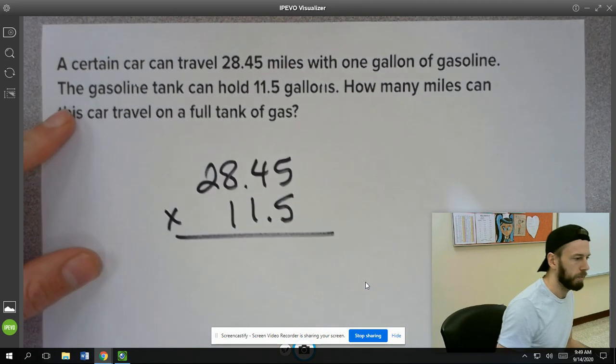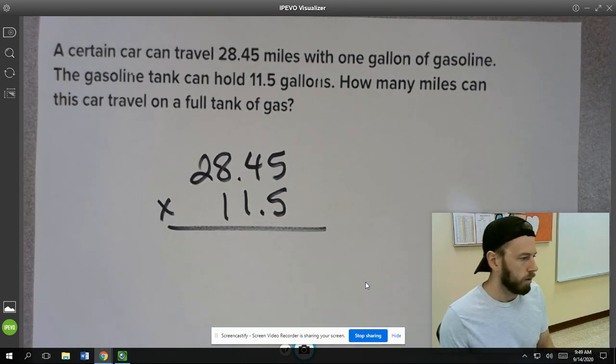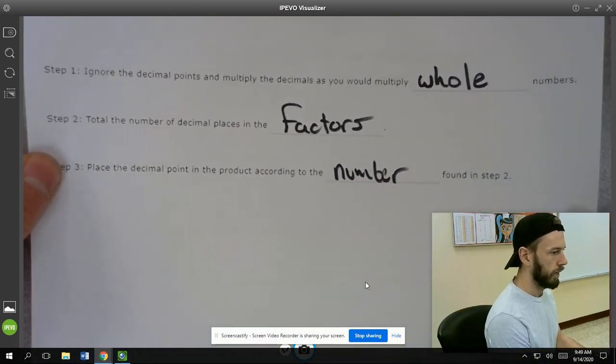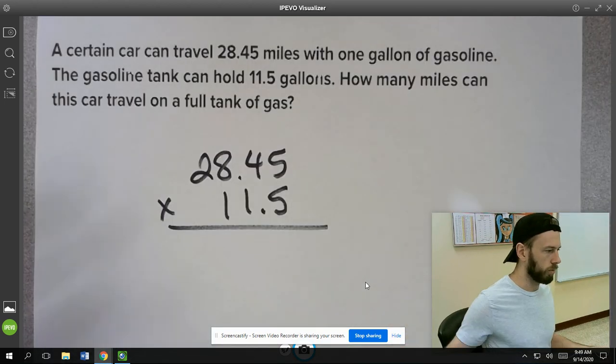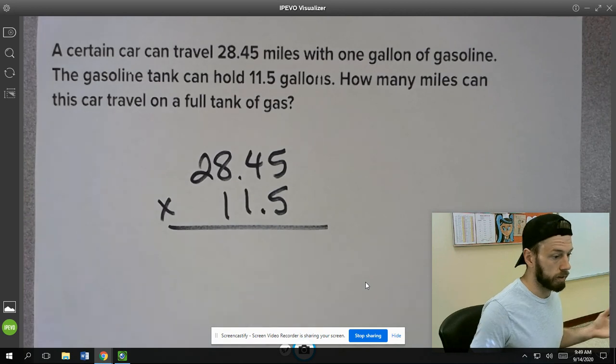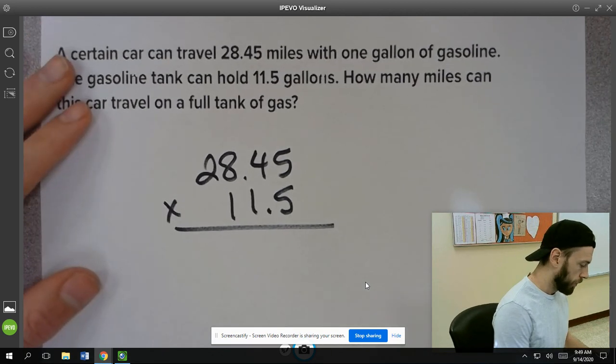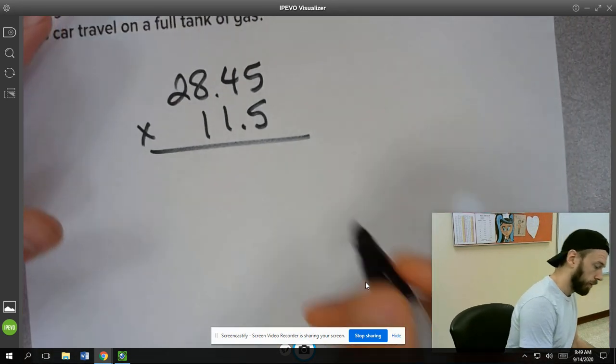And again, I'm not lining up the decimals. I'm going to go back through my steps here, ignore the decimal points, and multiply as if they were whole numbers. So it's almost like I'm doing 2,845 times 115. I'm just going to multiply through this. It's going to take me a minute here.